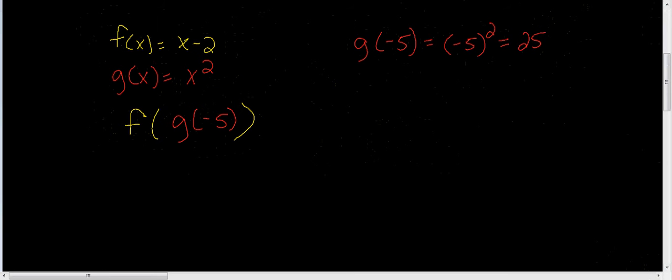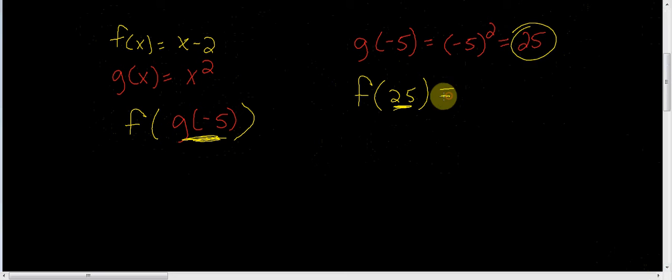And now I want to work my way to the outside, work with f. So I want to figure out f of 25. And I note I'm using 25 because that's what g of negative 5 was worth. And that's what goes right there, g of negative 5. So I'm putting it right there, 25. Alright, so now I want to figure out what this is worth.